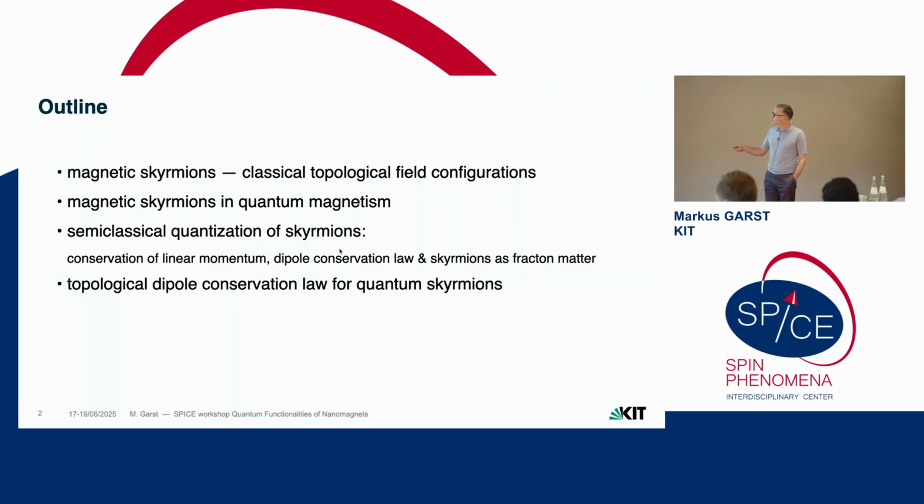Most of the time, however, I will spend on the question whether we can also understand the quantum aspects of skyrmions on a semi-classical level. In particular, I will point out that the topological dipole conservation law is quite important, and explain what consequences this has for the physics of quantum skyrmions.